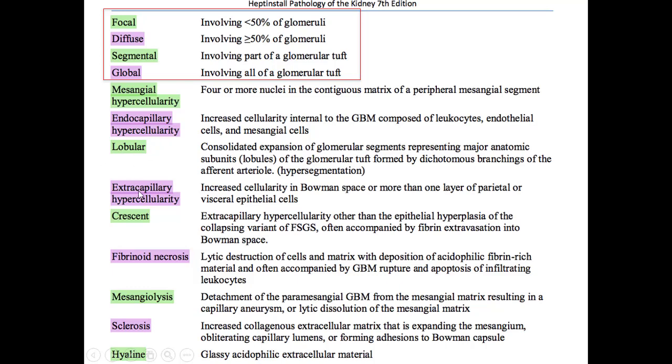Extracapillary hypercellularity means proliferation of cells outside the capillary. So the most important is the Bowman's capsule lining epithelium proliferation, which will cause crescentic glomerulonephritis. I will describe some photos to you. Crescent, fibrinoid necrosis, we can stop here, crescent, okay.